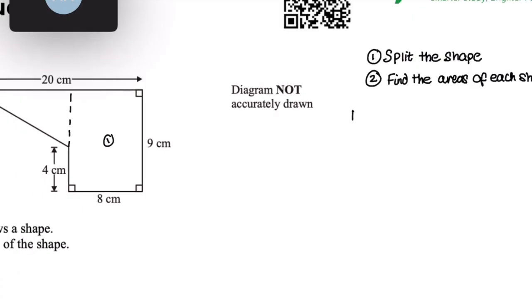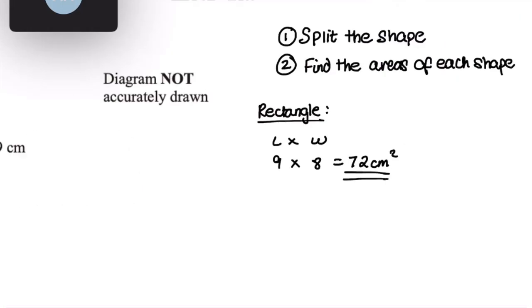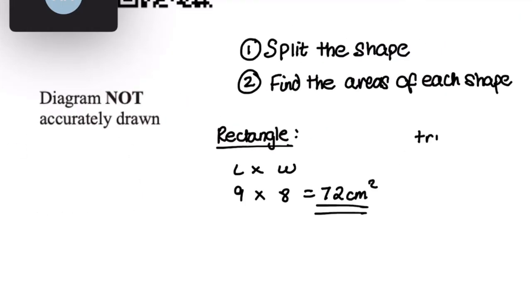The area of a rectangle is just length times width, and the length we know is 9, and the width is just 8. So it's going to be 9 times 8, and that's going to give you 72. That's the area of the rectangle, and then we need to work out the area of the triangle.